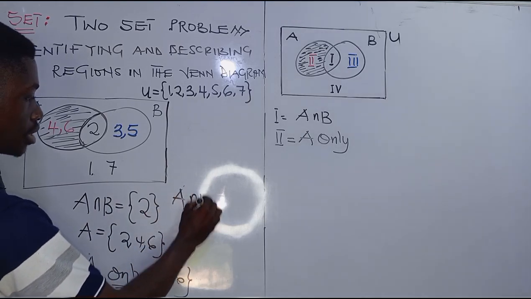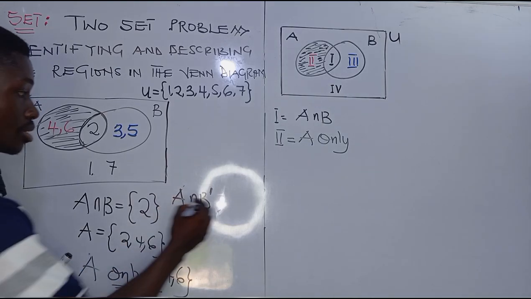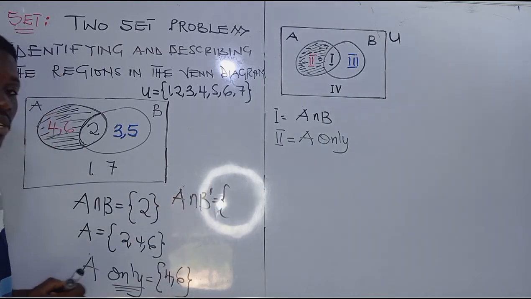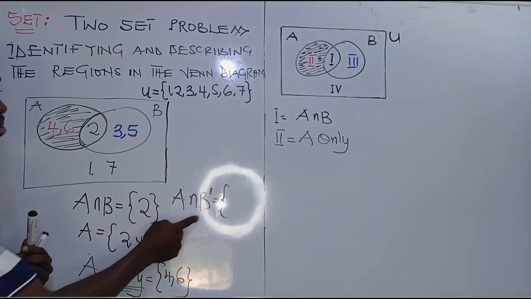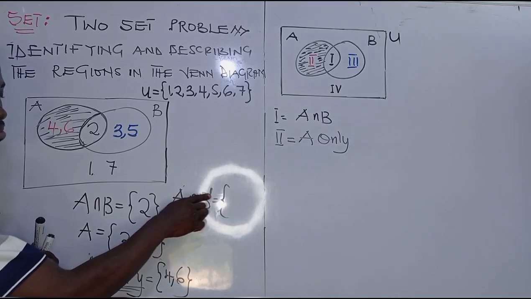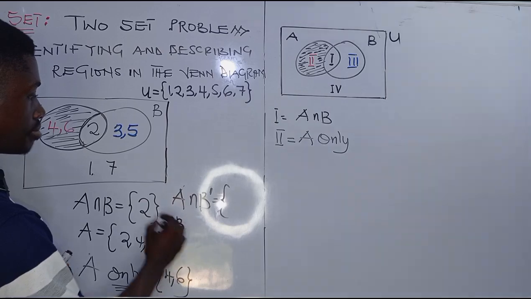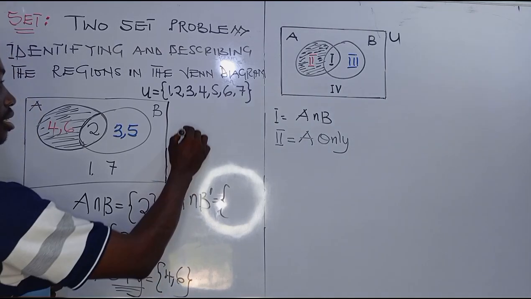If I ask you to list the elements of A intersection B complement, we want to list the elements of this particular set. But before we can do that, we have to first find B complement. Let me write it here.